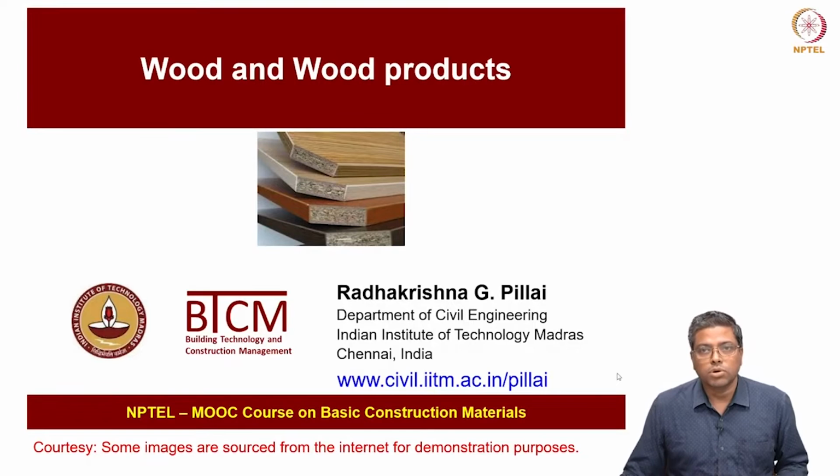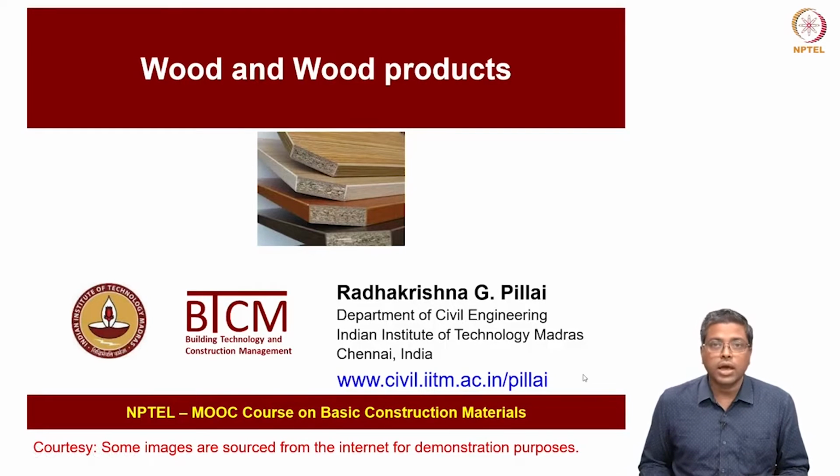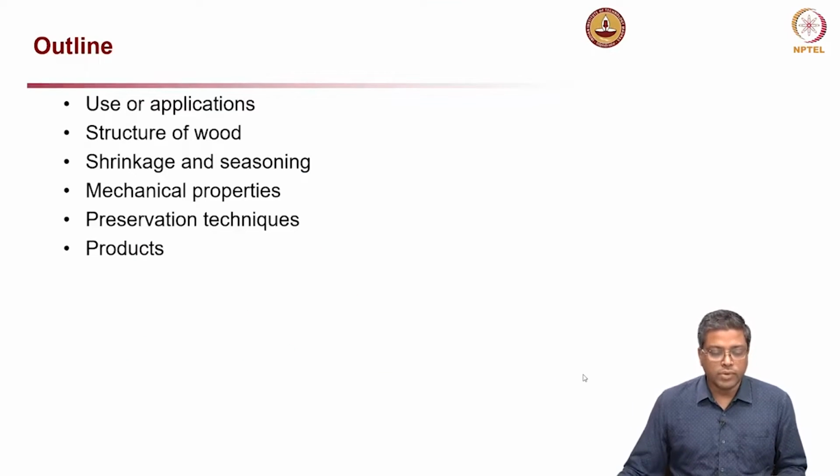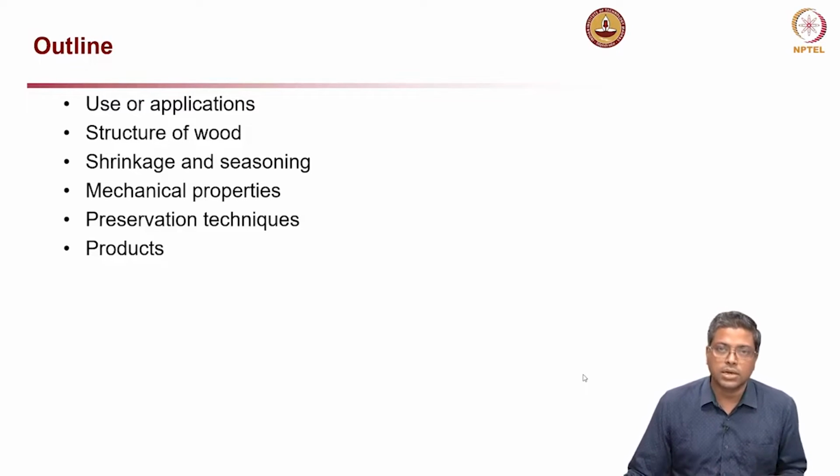As part of this MOOC course on basic construction materials, today this lecture will cover wood and wood products. We will talk about the use or applications of wood, and then look at the structure of the wood, how it is made, and then look at shrinkage and seasoning, like shrinkage-related problems and how to address that.